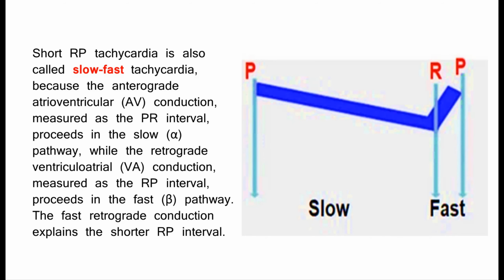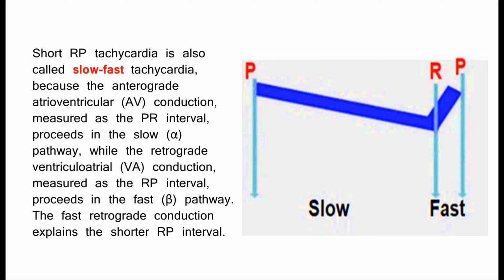Short RP tachycardia is also called slow-fast tachycardia, because the anterograde atrioventricular, AV, conduction, measured as the PR interval, proceeds in the slow, alpha, pathway, while the retrograde ventriculoatrial, VA, conduction, measured as the RP interval, proceeds in the fast, beta, pathway.